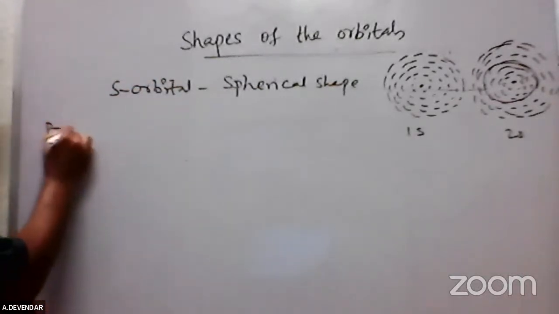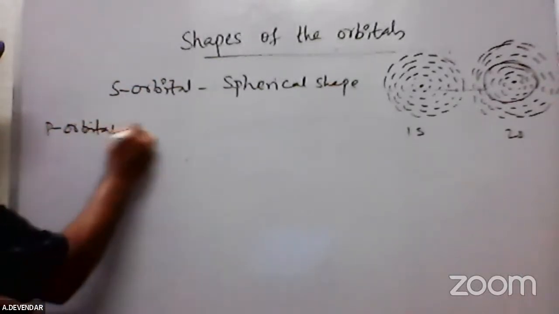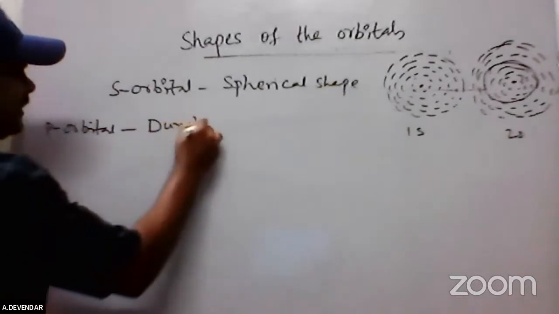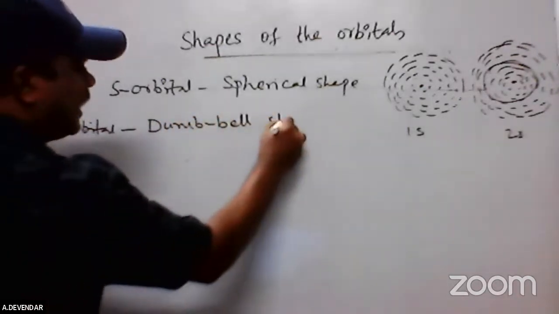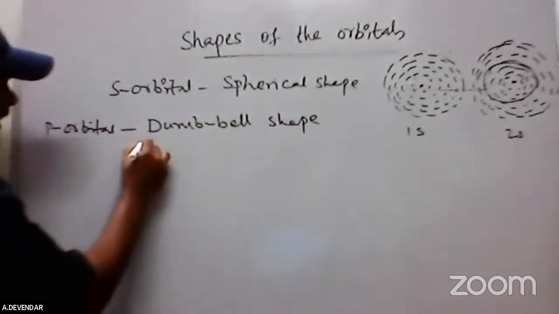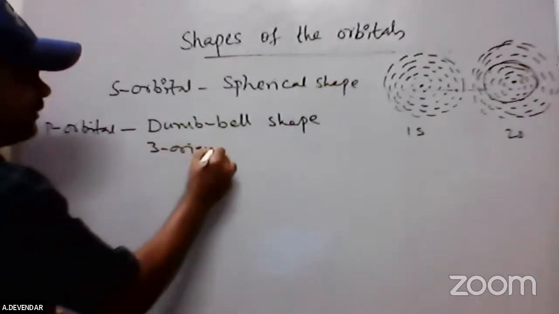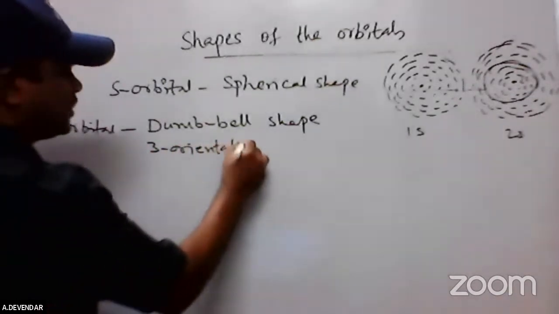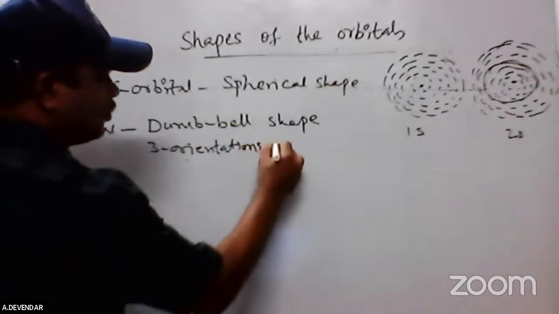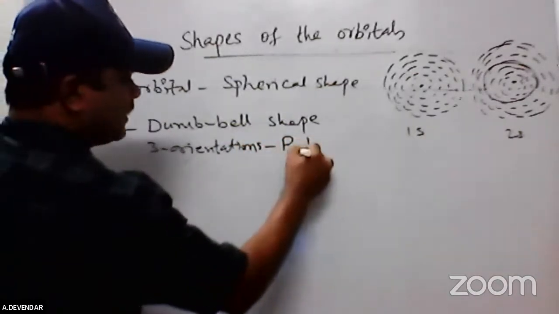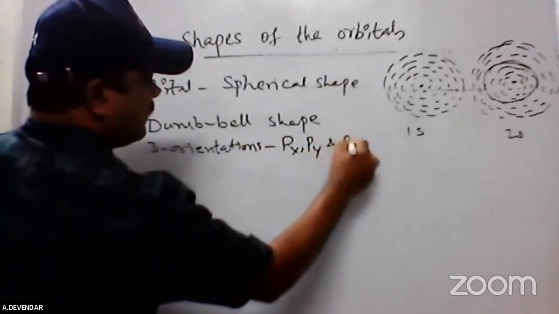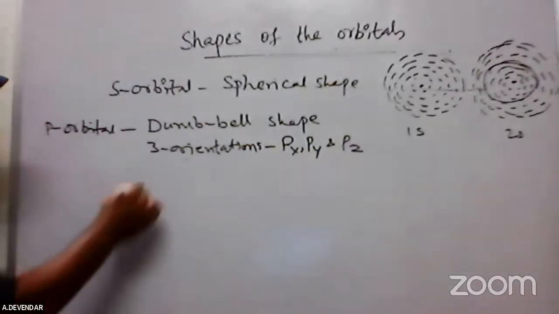Coming to the p orbitals. The p orbital is dumbbell shaped, and they also have 3 orientations according to the magnetic quantum number. Those are px, py, and pz. So how are they?